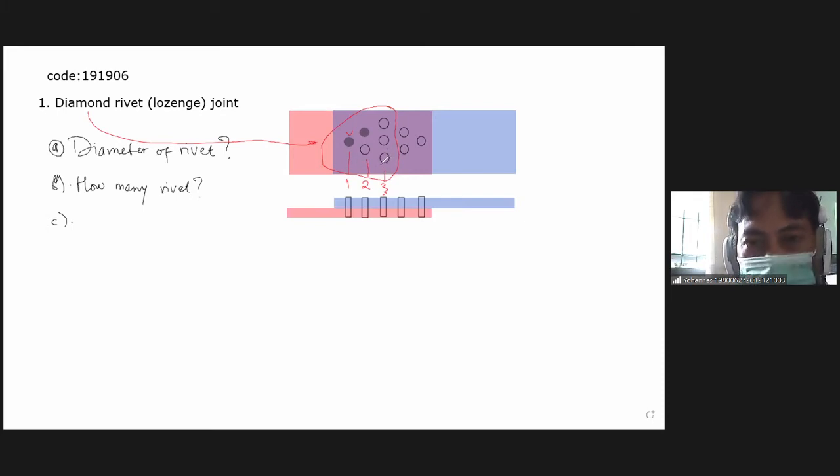I think it's okay. So to make it similar to the textbook, I will use row. Okay, so this is the first row, second row, and the third row. Here we have a different number of rivets. So how many rivets in total, and how many rivets for each row?